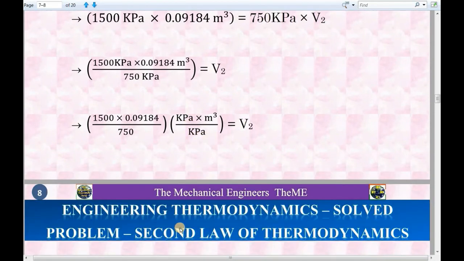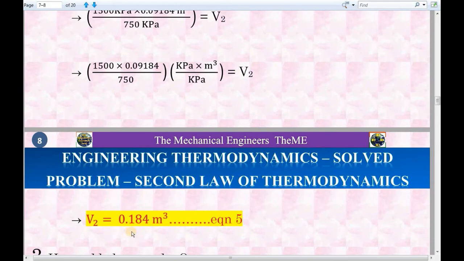So the next step will be V2 is equal to 0.184 meter cube, which means volume of air at the end of heat addition is 0.184 meter cube. And consider this one as equation 5.